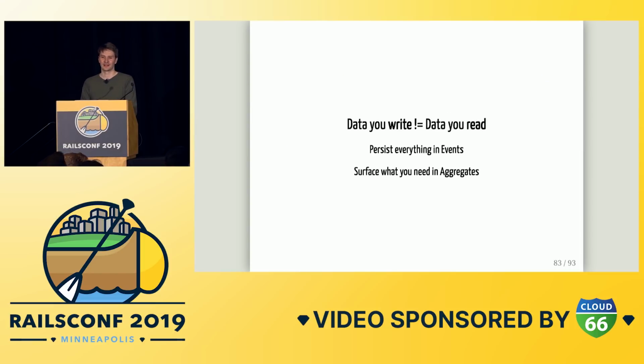I want to highlight the fact that the data that you write is different from the data that you read, and that's a big thing with event sourcing. You can store as many things as you want in the event, just so that you can, at any point in time, take advantage of this data.